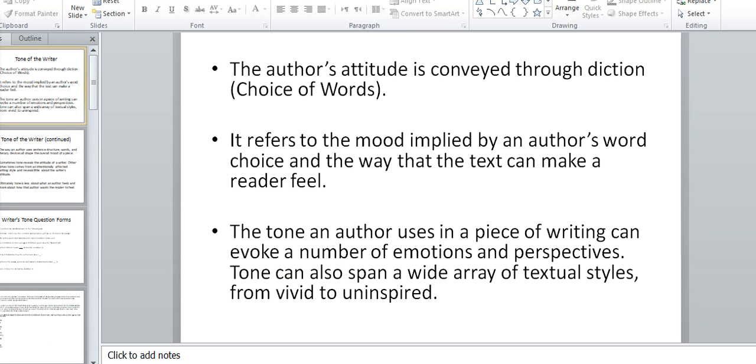So the tone could be quite neutral if he's discussing scientific research or he's just being informative. However, if he was talking about an exciting topic, the word choice differs, and the emotions surface better. His tone generally shifts. So it all depends on the topic and the writer's style in writing.